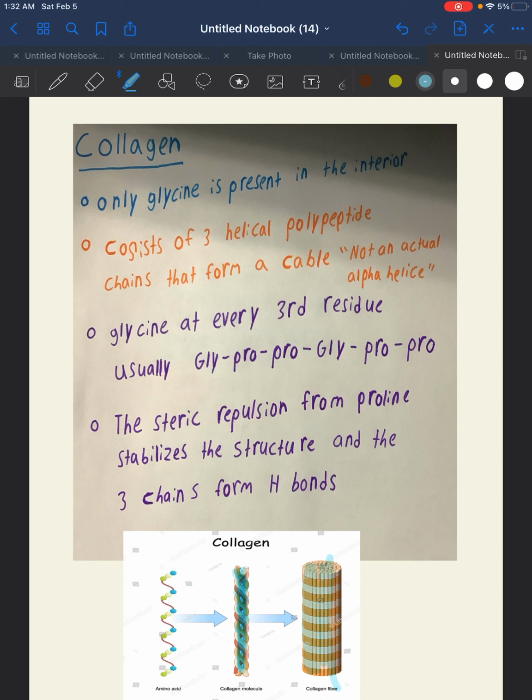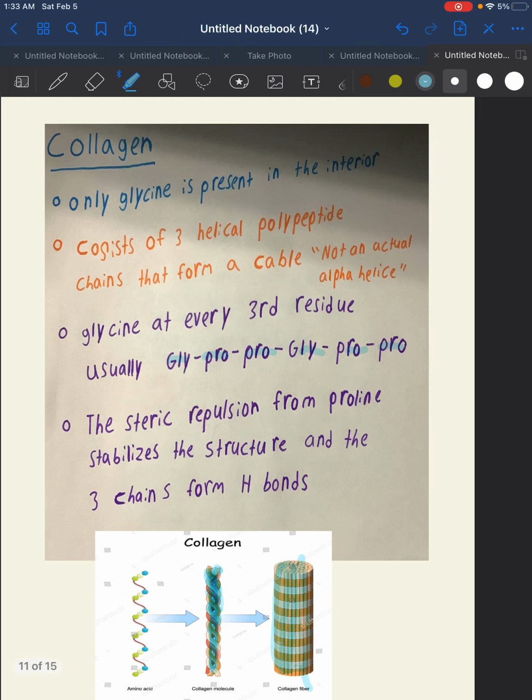It's made of helical-like polypeptide chains. So these aren't actually alpha helixes, they're just helical-like. Glycine is at every 3rd position. So it goes glycine, proline, proline, glycine, proline, proline. And like I said, the repulsion from the proline stabilizes the structure, and the 3 chains are held together via hydrogen bonding, and then these collagen molecules can go on to form a giant overall collagen fiber.